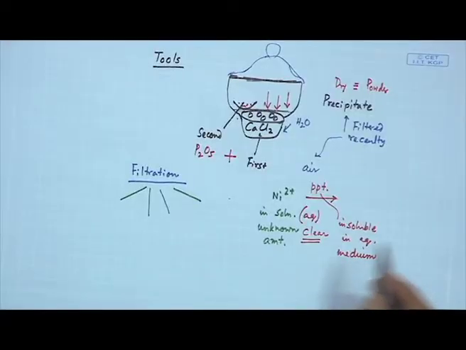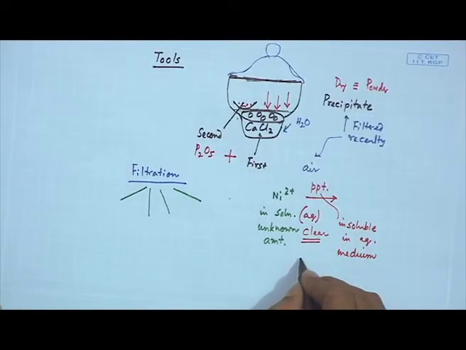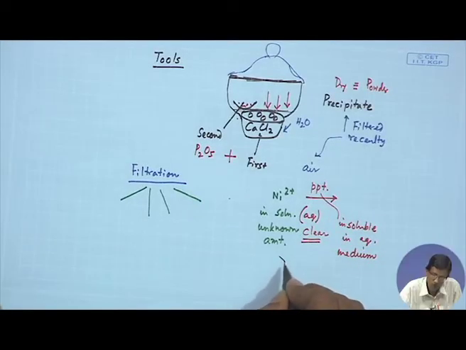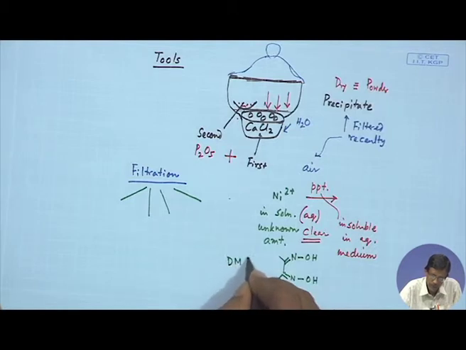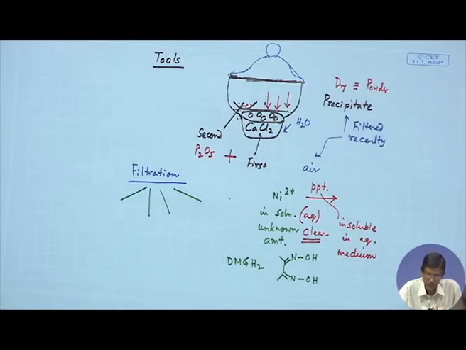So, how to do that? You just add the known reagent. Every day I am talking about this whenever we give an example. Now, just see what that is: DMGH2, dimethylglyoxime.